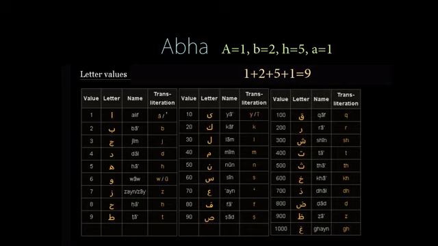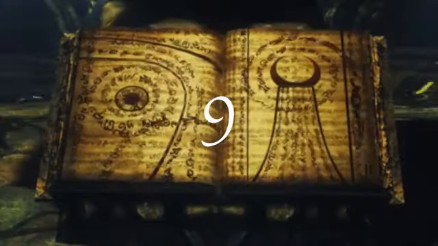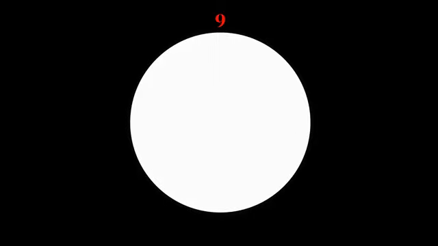The fact that the Most Great Name of God equaled 9 seemed very important to him, as everything he had read in both the Baha'i scriptures and other religious texts spoke of 9 being the omnipotent number. So next he drew out a circle with a 9 at the top and 1 through 8 going around in a clockwise circle.